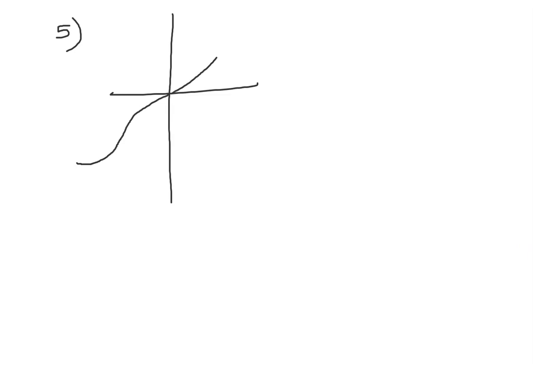The next one, number 5, this next example. This is the graph given. Again, when you draw the horizontal line, it's meeting exactly only once. So it is a one-to-one function.